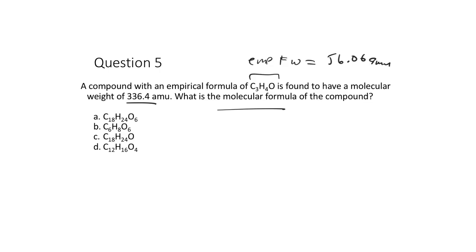And so the issue is how many of these empirical units there are in that molecular formula. The molecular formula should simplify down to C3H4O. So maybe it's C6H8O2, maybe it's C9H12O3, etc.